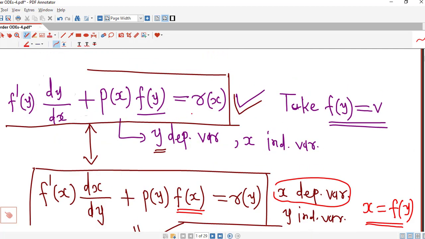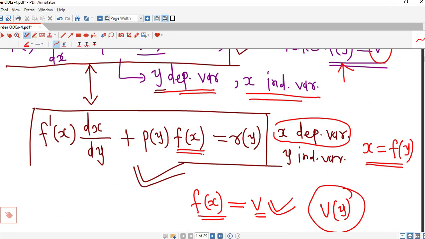And in the first case, y is the dependent variable, x is the independent variable, and we are taking f of y equal to v. Because y is a function of x, there v is a function of x. Otherwise the method is the same. We will assume f(x) equal to v, then find all these things and substitute in the given equation. We will remember this substitution: instead of f of x we consider a new dependent variable v, where v is an unknown function of y.